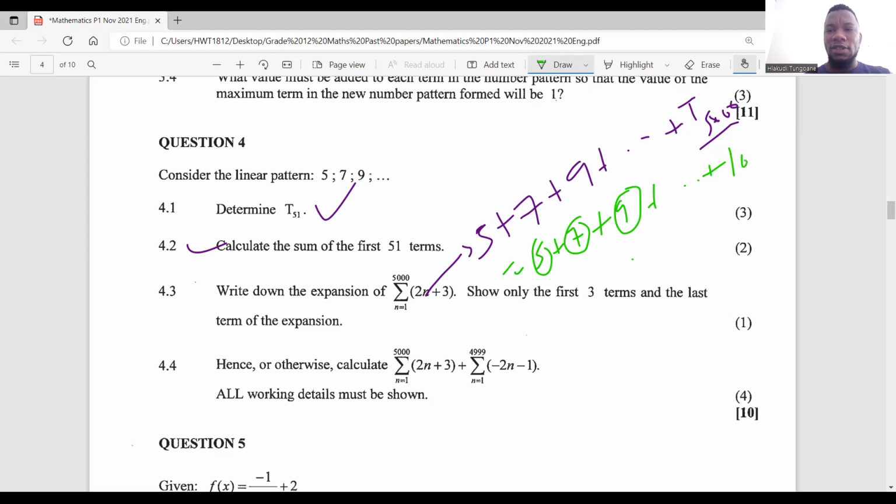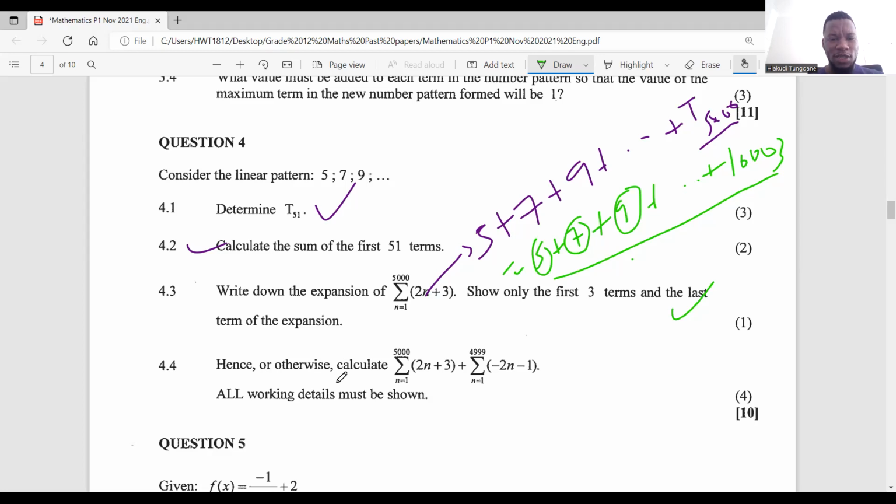Then that's 10,003. Yes, that's the expansion that you want to see, right? Okay, that simplifies the question. That's why it's 1 mark, because they already gave you the first 3 terms. So all you need to do is get the last term, which is substituting 5,000 for n there and then simplifying the formula. Okay.